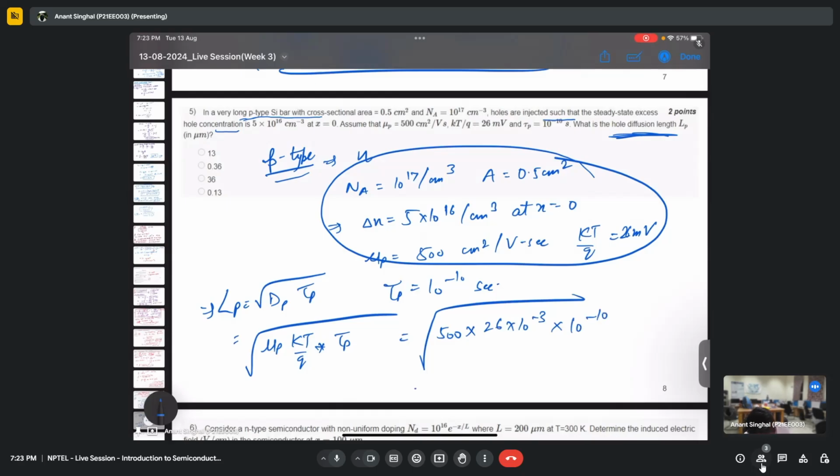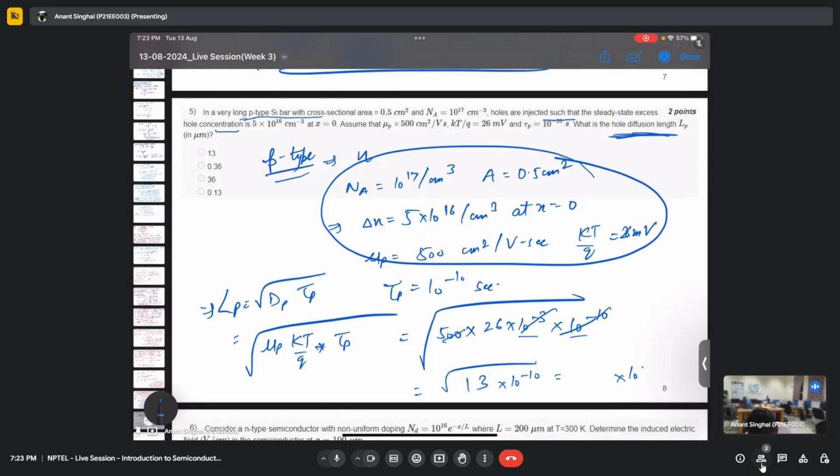We need to calculate the same in micrometers. So minus 13 minus 11, which is 30, 13.